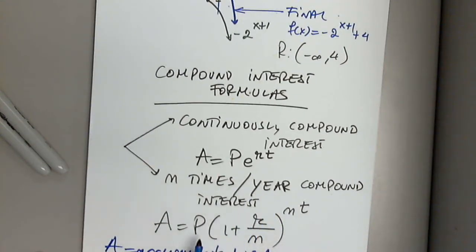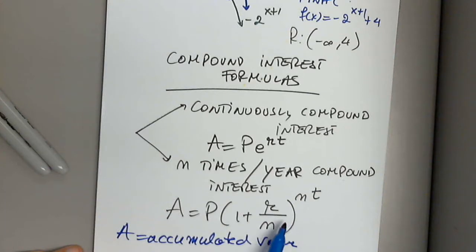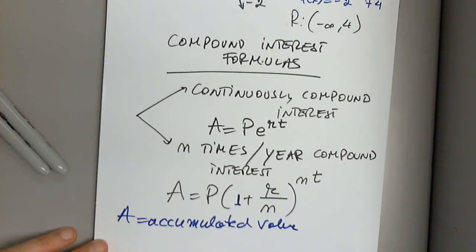The second one, is it an l or is it a 1? Yeah, 1. This is 1. So A is the accumulated value. What does that mean? Let's say we go to a bank and we deposit money. 5 years later, we have an accumulated value. Yes? After the e, what is that? This is n.